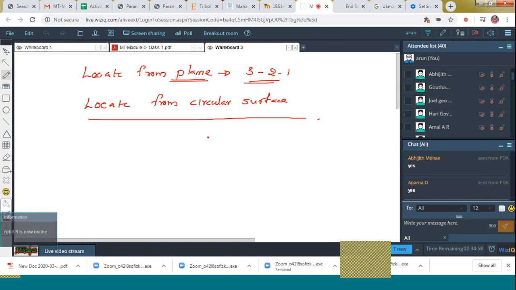Locating from a circular surface. That is the next thing. There exist two ways to locate it from a circular surface. One is by means of concentric circles, and the other is by means of conical surfaces.